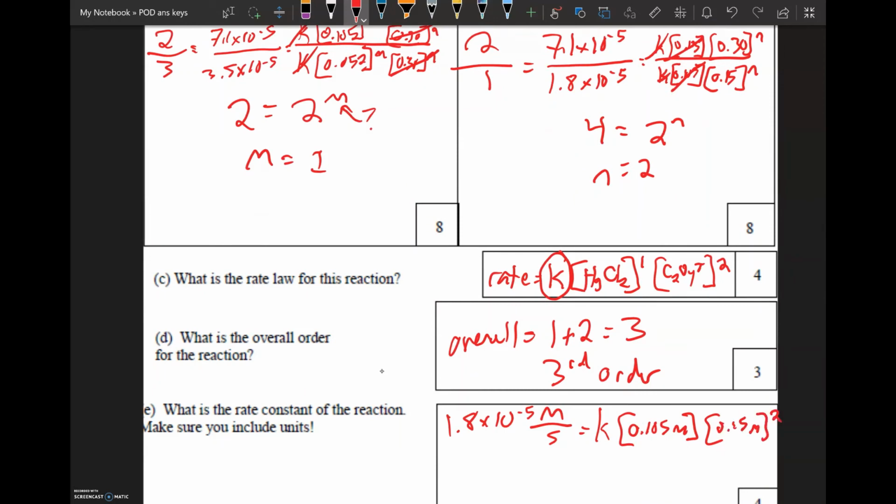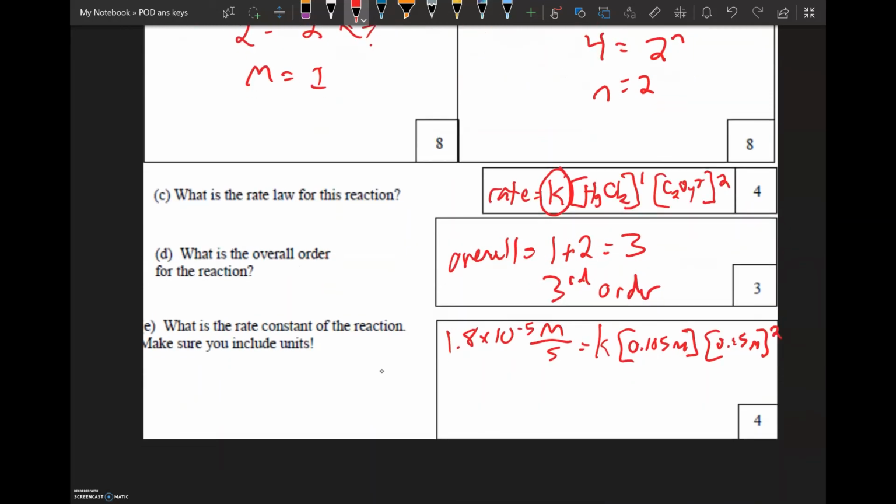Now, if you notice, I'm keeping the unit molar, capital M, there, because k units are dependent on the overall order. So you have to show your units throughout this calculation. So we're just going to divide these out. You have 1.8 times 10 to the negative 5 molar per second divided by 0.105 molar and then 0.15 molar squared.